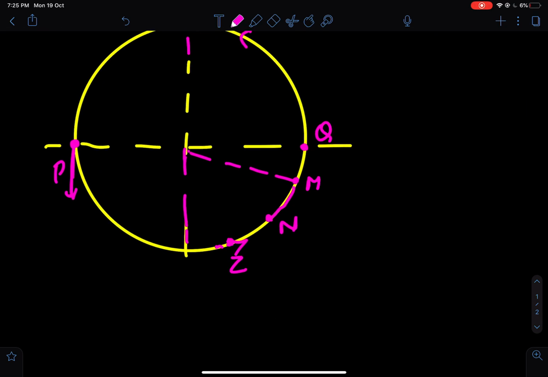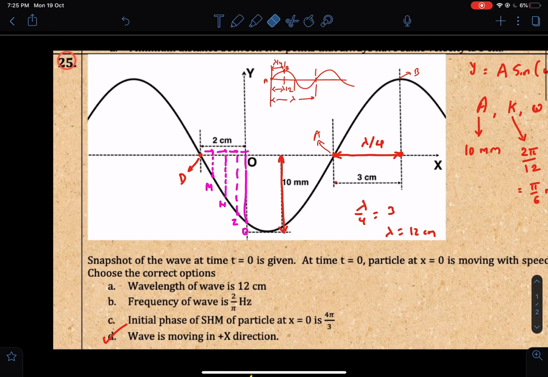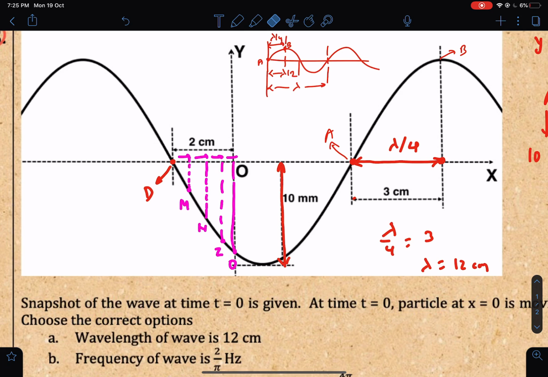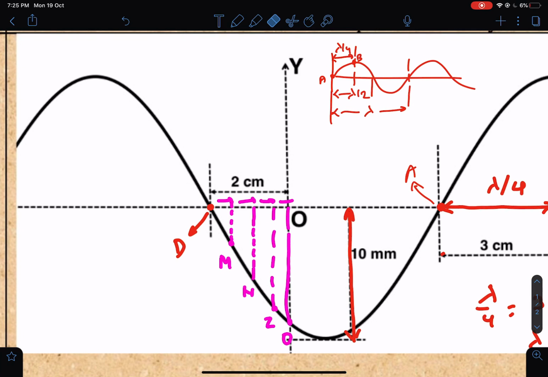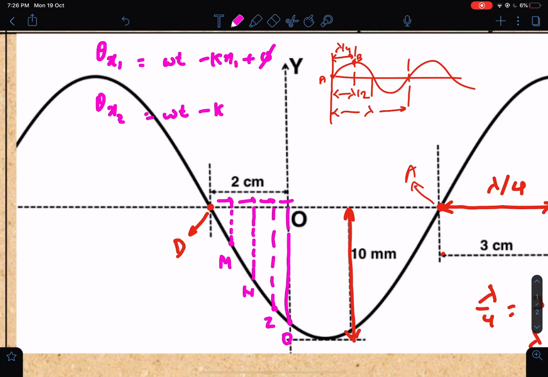So basically, to go from this particle D to particle O, how much is the phase difference, by the way? So we know that phase difference is related to delta x. You may be remembering this formula, that there is a particle at x1, there is a particle at x2, and it will have the phase of omega t minus k x1 plus phi, and this will have omega t minus k x2 plus phi.